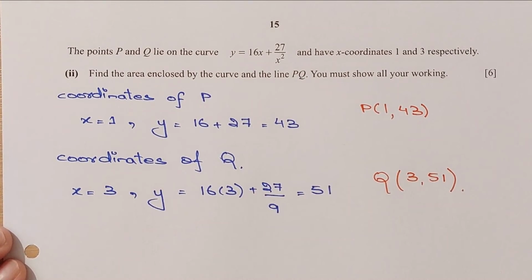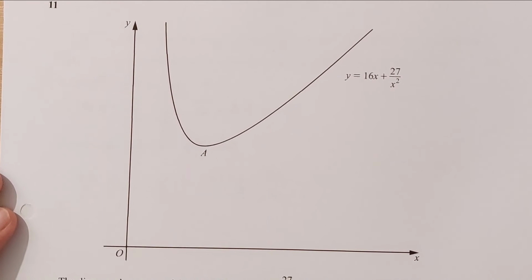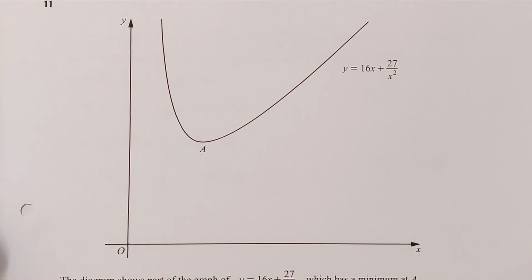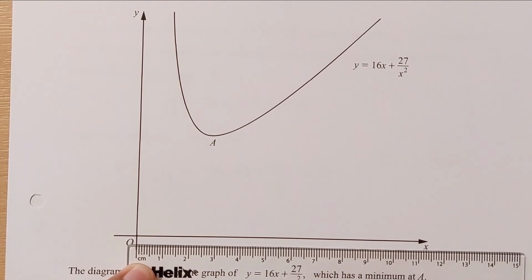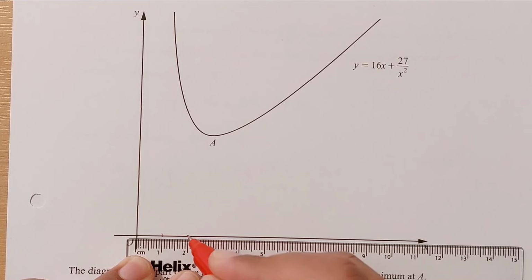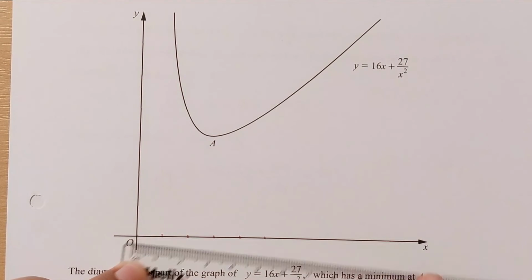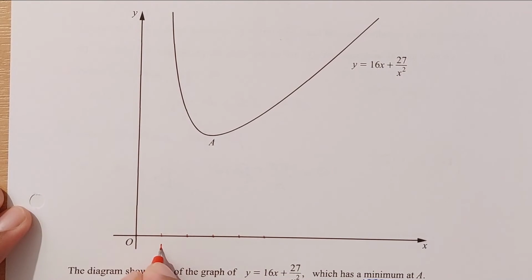So now let me draw the line PQ. This is the grid. Let me label the x and y axes first. For x we have 1, 2, 3, 4, 5. We are given x as 1 and 3. This is x equal to 1 and this is x equal to 3.